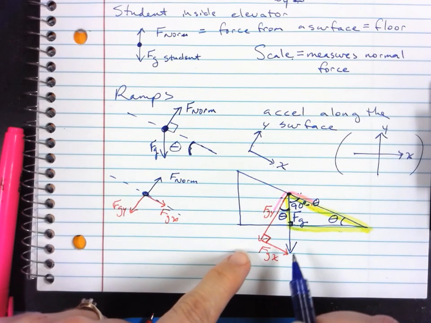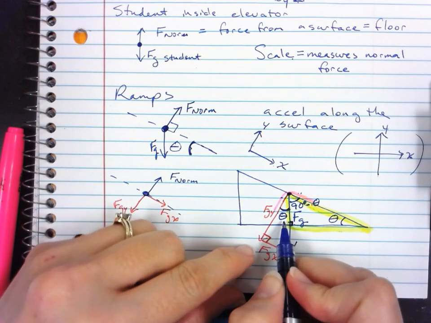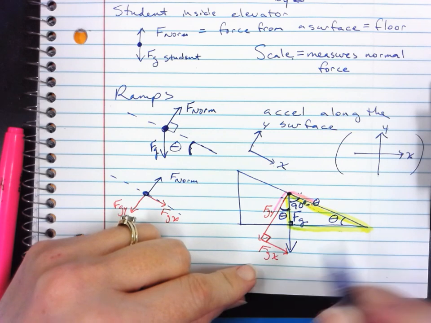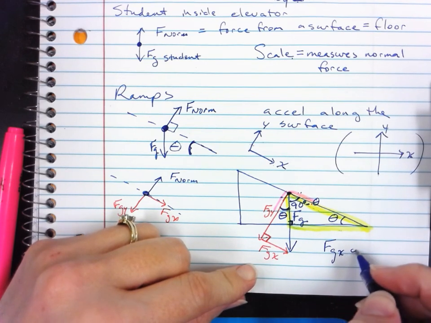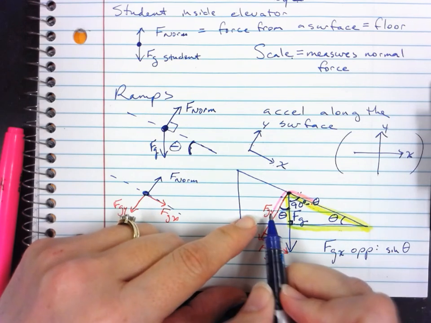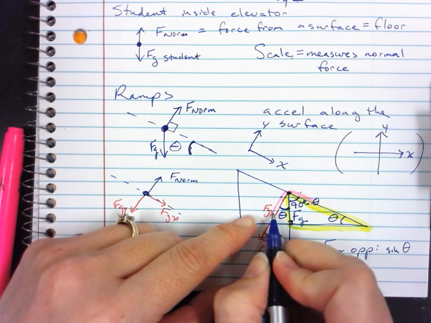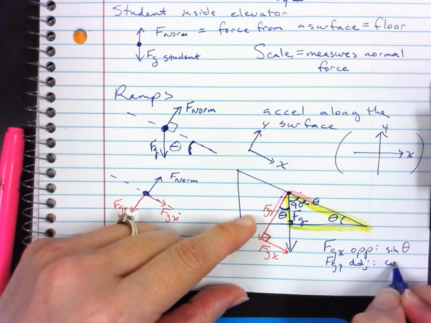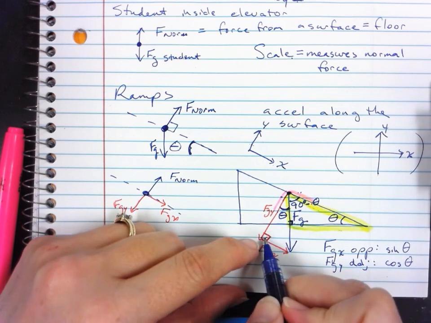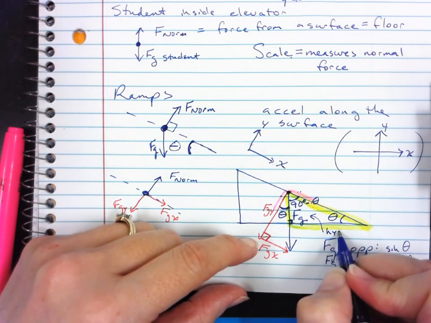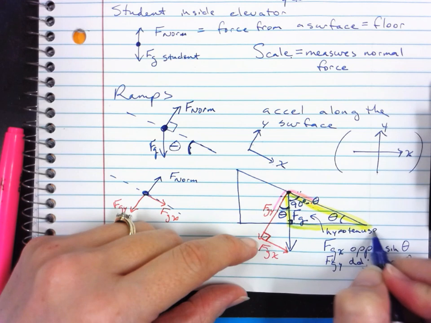And then notice in this triangle, this is the odd part, that for theta, FGX is far away, FGX is opposite, which means the sine function. And FGY is right next to theta. It is adjacent, so it's the cosine function. Because remember, opposite the right angle, FG is our hypotenuse.